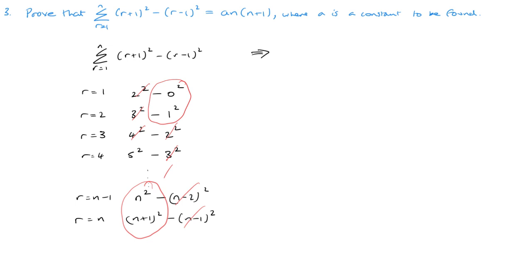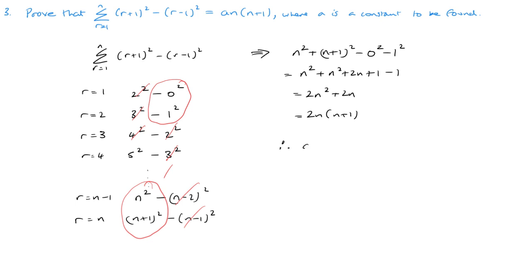So this becomes n squared plus n plus 1 squared minus 0 squared minus 1 squared, which is what we had. So n squared plus 2n plus 1 minus 1 is 2n squared plus 2n, which is 2n times n plus 1, therefore a equals 2.